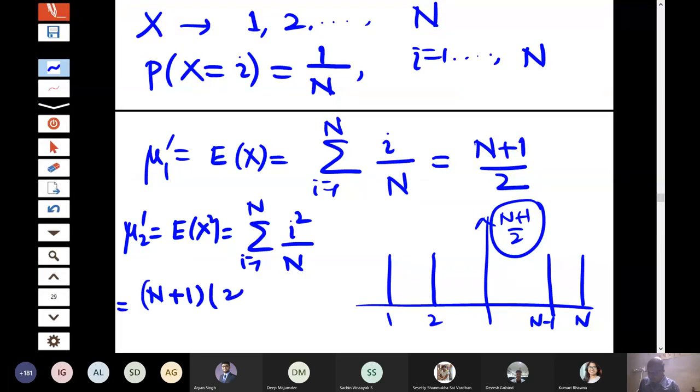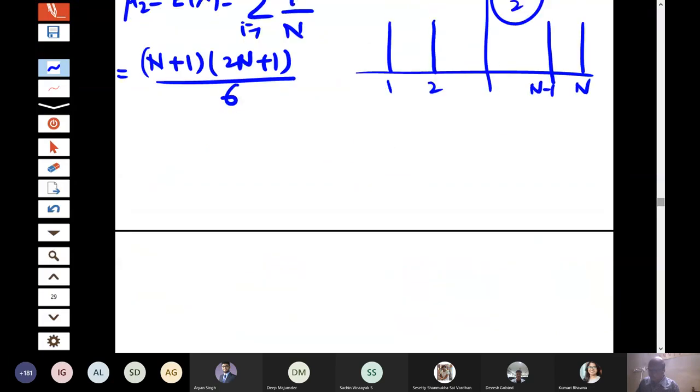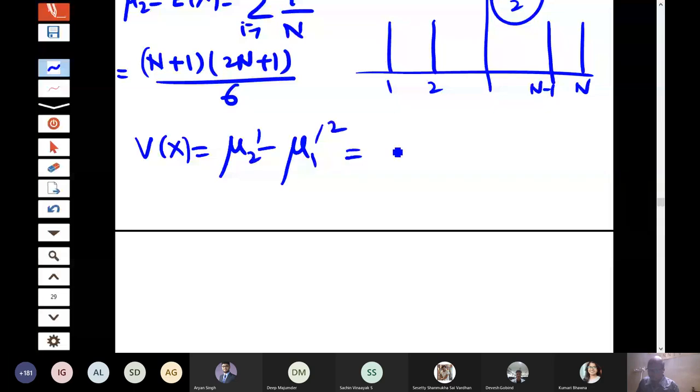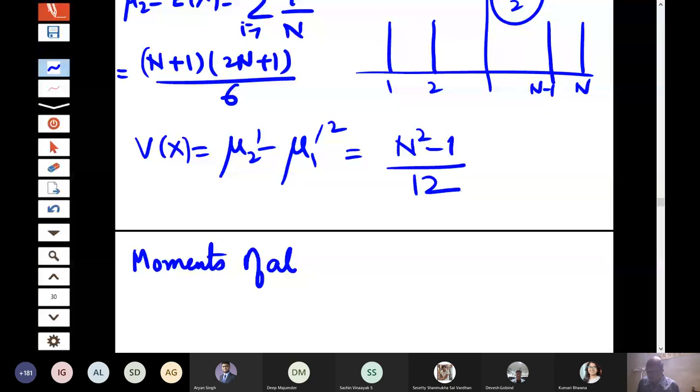So from here you can calculate the variance, which is (n square minus 1) by 12. So moments of all orders exist.